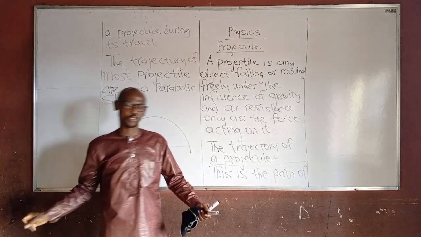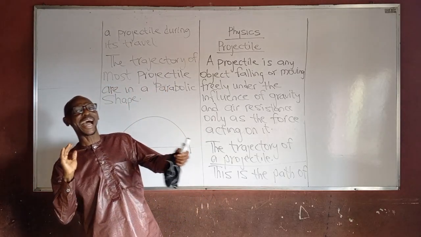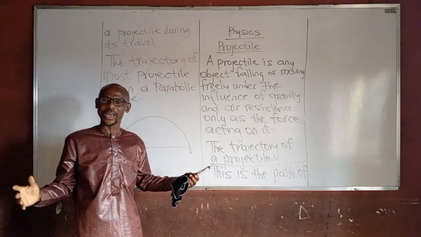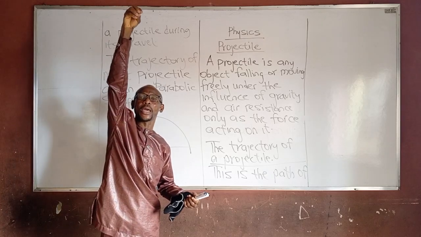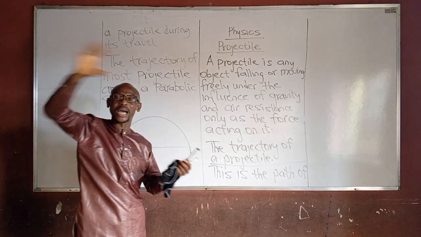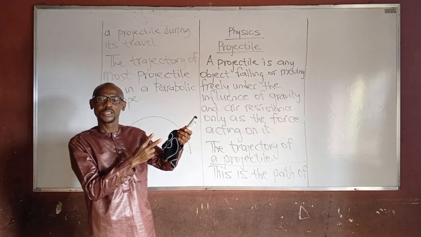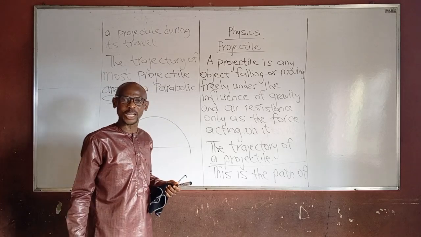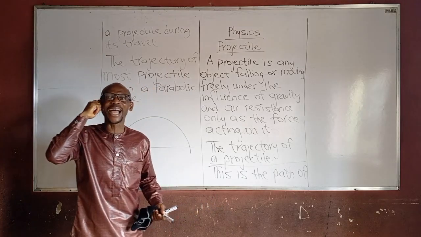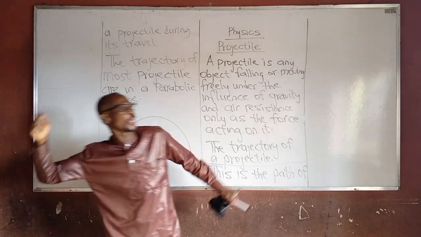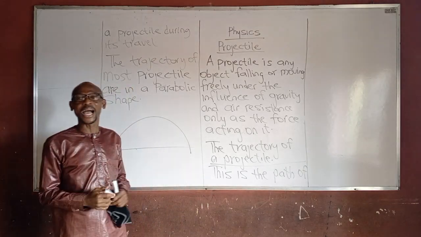The throwing of discus and hammer in sport, the release of missiles in warfare, is an example of what? Projectile. The release of bombs, even from a plane or helicopter, as the bomb is moving, is a projectile. Release of a bullet from a gun, release from a catapult is a projectile. Even when you throw a dart, it's a projectile. What about the spear? When you throw a spear in hunting, all these are examples of projectiles.